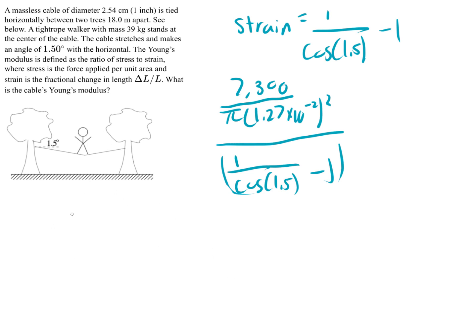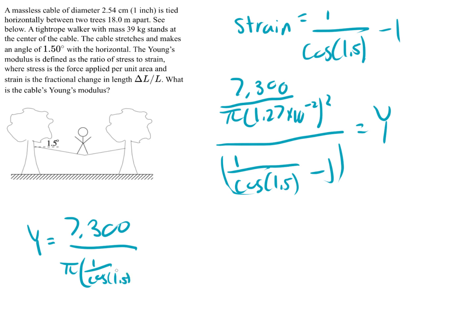So this simply becomes 7,300. I should probably say that it's equal to Young's modulus. Represent Young's modulus as Y. So Y equals 7,300 divided by, times 1 over cosine of 1.5 minus 1, times 1.27 times 10 to the negative second power, squared.